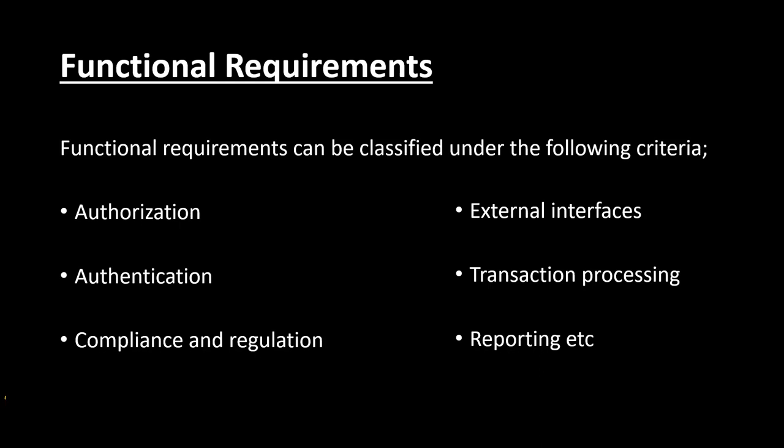Then we have external interfaces, or as we call them, third-party integrations. We capture these things in functional requirements as well. Now, I gave an example of when you are trying to create an account on Amazon, and then Amazon asks you, do you want to sign up with Google?